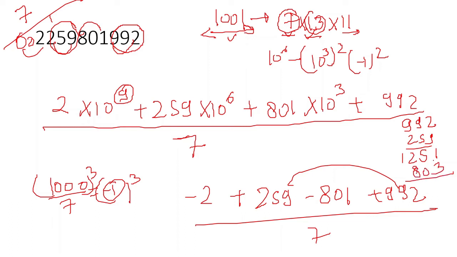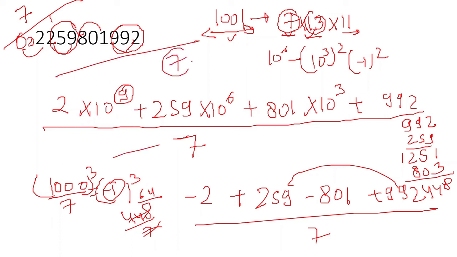So subtract: 11 minus 3 is 8, 4, and 12 minus 8 is 4, so 448. If 448 is divisible by 7, then the number is divisible by 7, else the number is not divisible by 7. 7 6s are 42, 7 4s are 28, the number is divisible by 7. That's why this given number is divisible by 7. I hope you guys understand this thing.